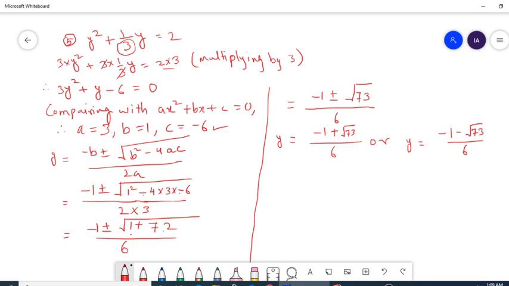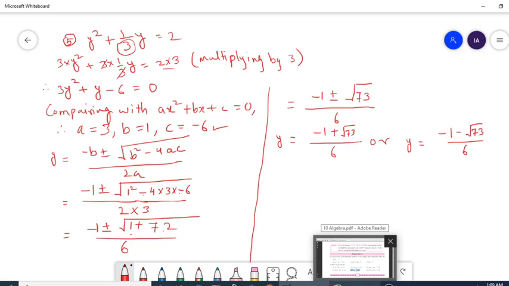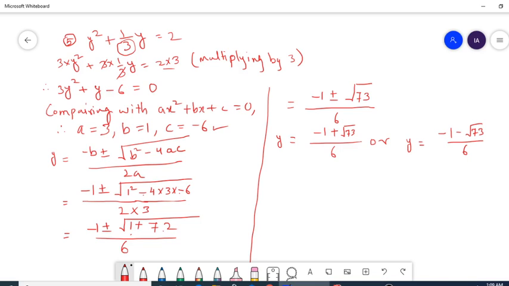So these are the two roots of the given equation. Minus 1 plus minus root 73 by 6 are the roots of the equation. Hope it is clear to everybody how to solve a quadratic equation by using formula. So this is your quadratic formula which you can use to solve any quadratic equation.